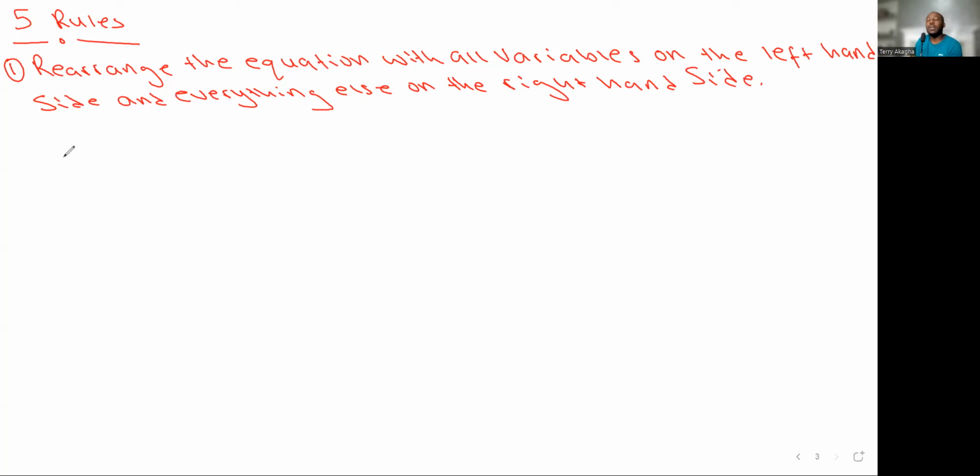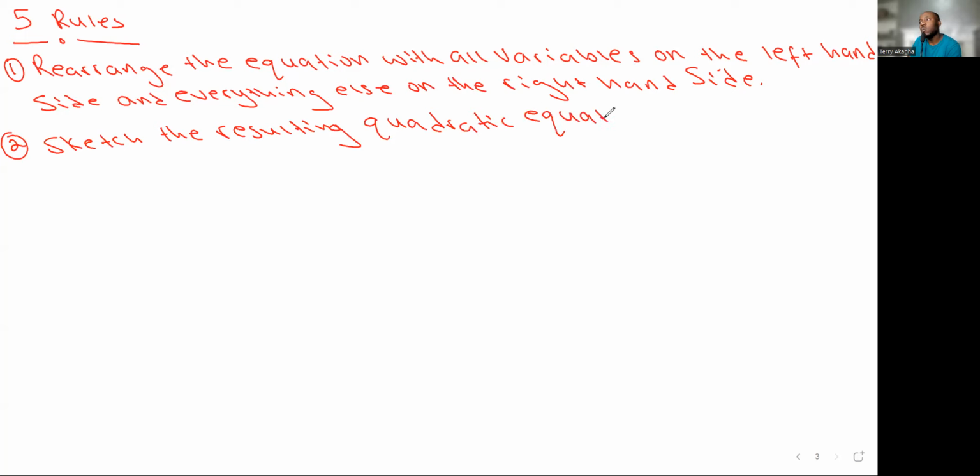Okay? When you're done, number 2 is that you then have to sketch the resulting quadratic equation, ignoring the inequality sign.